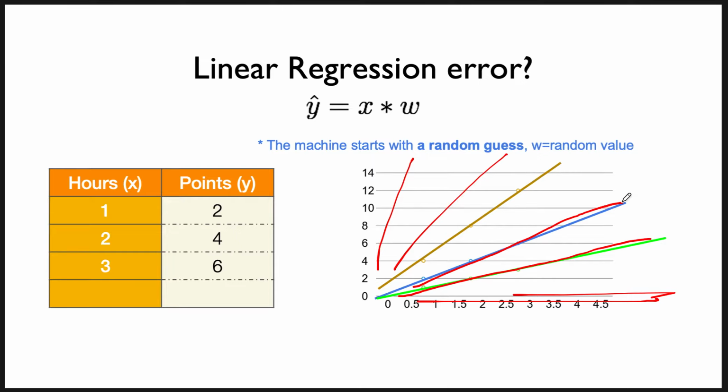Then we need to measure which line is better, so we can move towards the true line. What is the best way to measure it? The basic idea is to take the data points and measure the distance between them.